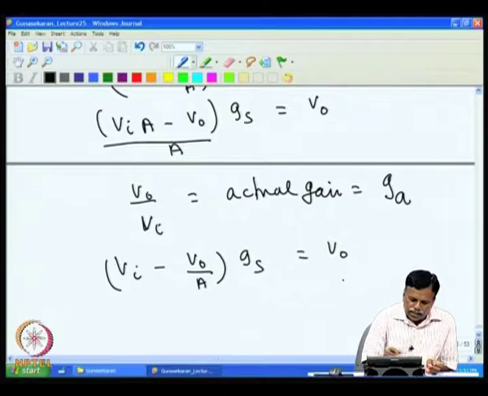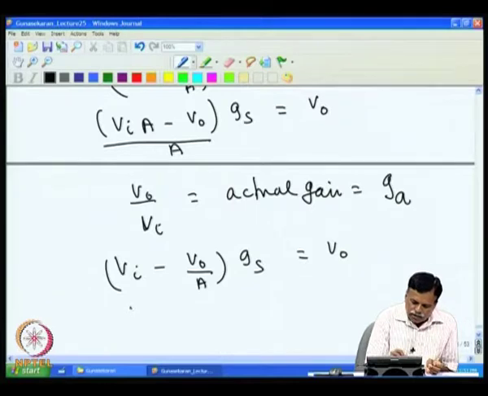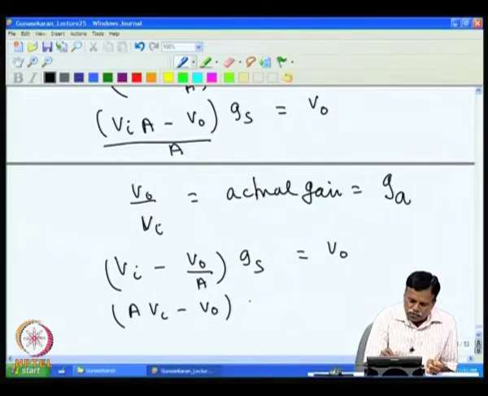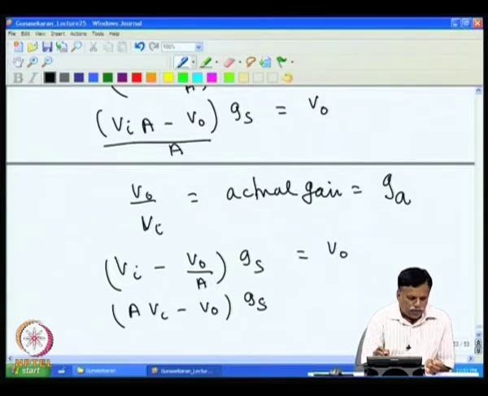Now, I can write this as A into (VI minus V0) into Gs equal to V0 into A.